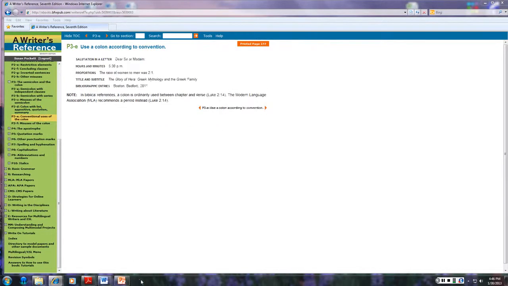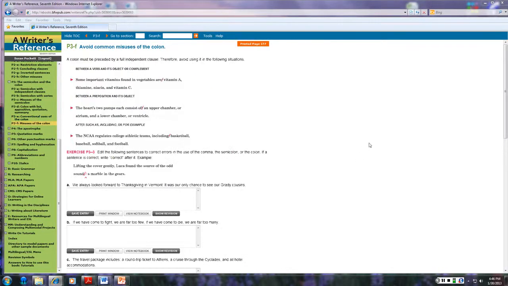And then, of course, there are the conventional uses in a letter, in time, when we're showing proportions, in titles, and in bibliographical citations. The ways that we often misuse the colon are when we use them to follow a form of the verb be. We don't do that.